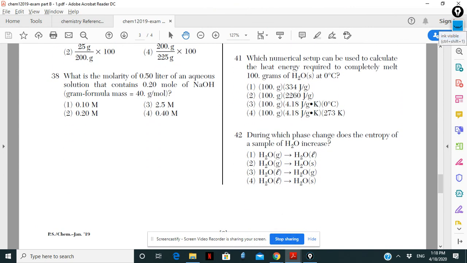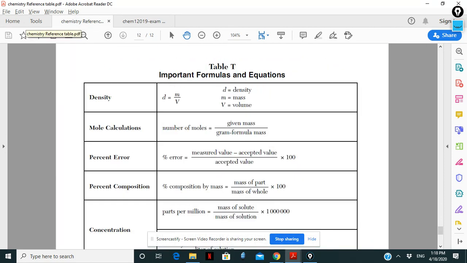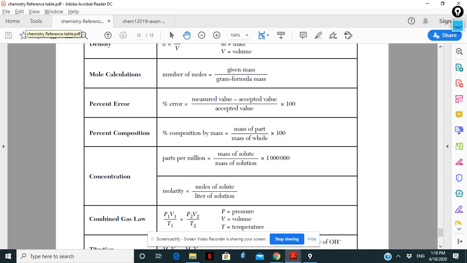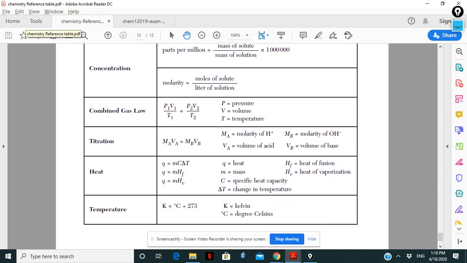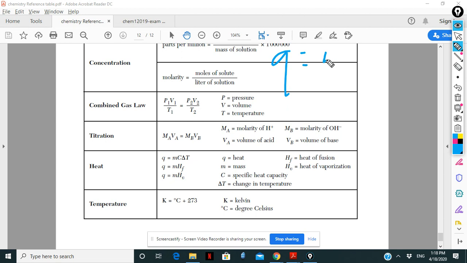Question number 41. Which numerical setup can be used to calculate the heat energy required to completely melt 100 gram of ice at 0 Celsius? So I go to the reference sheet, the last page. Now we're going to talk about heat of fusion. So Q equals mass times Hf.